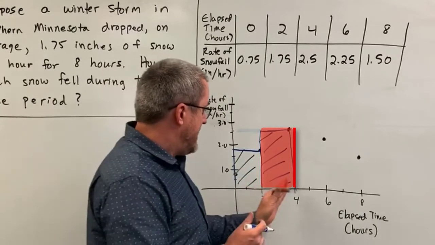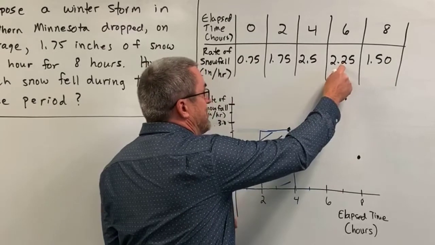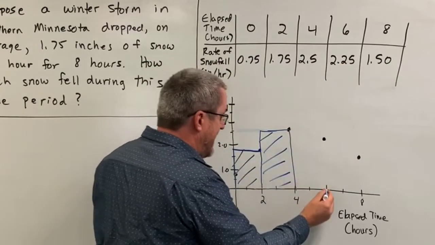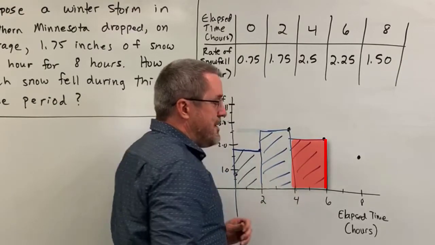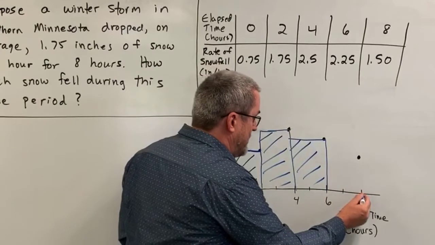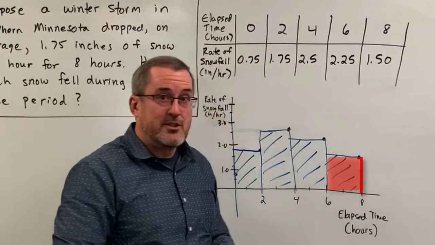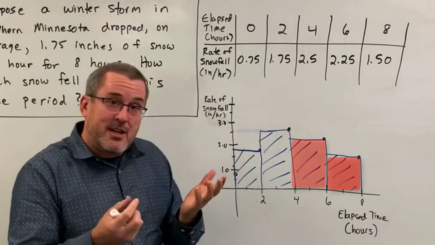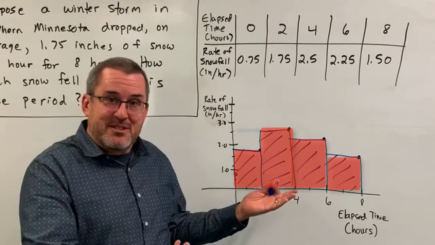From 4 to 6 hours, again we choose the rate on the right, which would be 2.25 inches per hour for 2 hours. And for the last 2 hours, we choose the right-hand rate of 1.5 inches per hour for 2 hours. Each of those 4 rectangles represents the total amount of snowfall during its 2 hour increment of time.